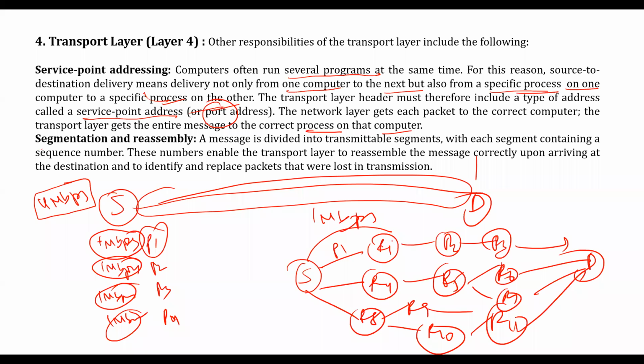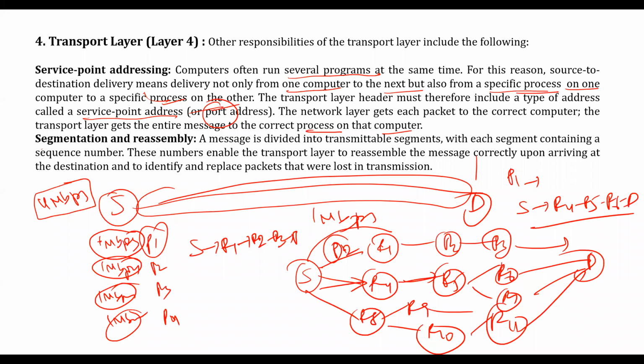Maybe if router 1 is busy, then this packet 1 is transmitted to router 4. Router 4 to router 5. For example, packet 1 may be selecting the path source, router 4, router 5, router 6, and destination. And packet 2 may be selecting the path source, router 1, router 2, router 3, and destination.